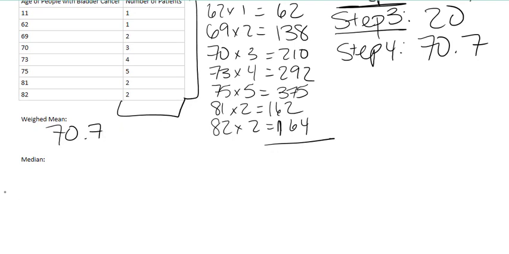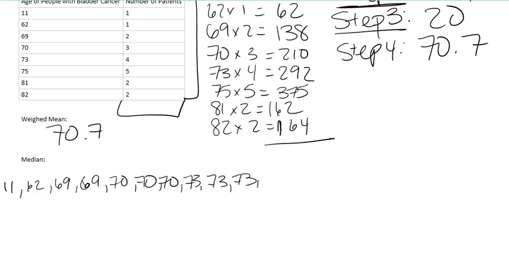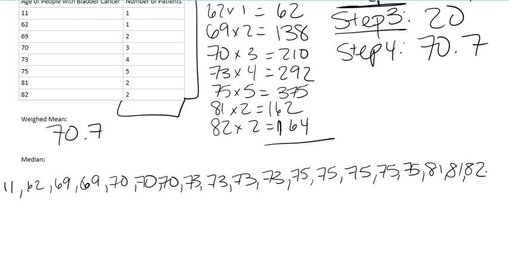So we would have 11, 62 once, 69 twice, then 70 three times, then 73 four times, 75 five times, then we have 81 and 82.